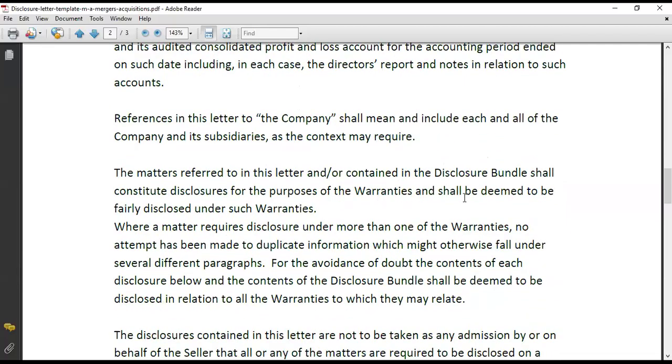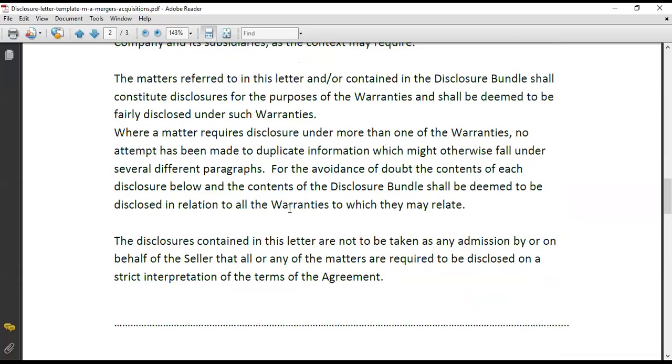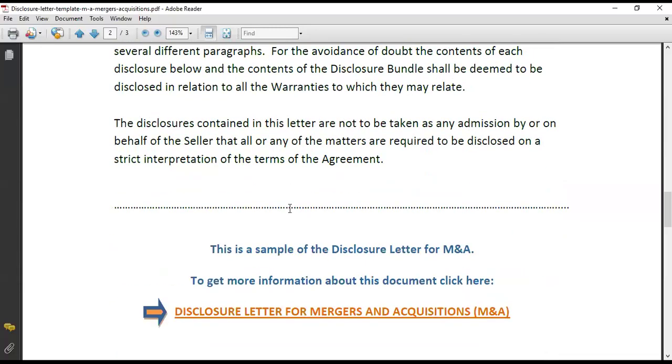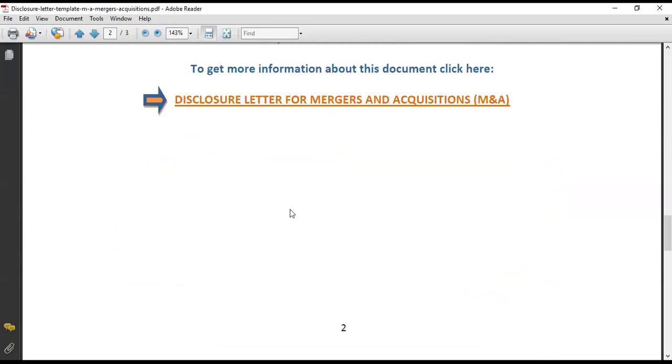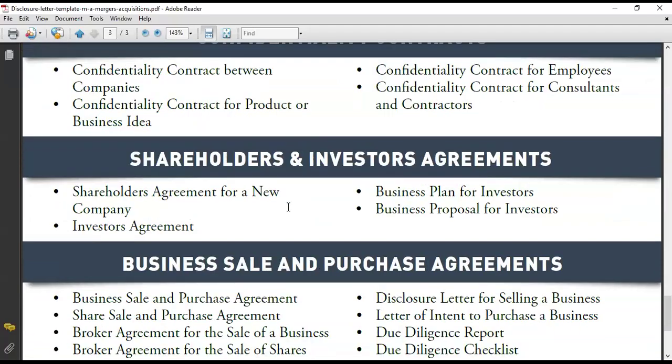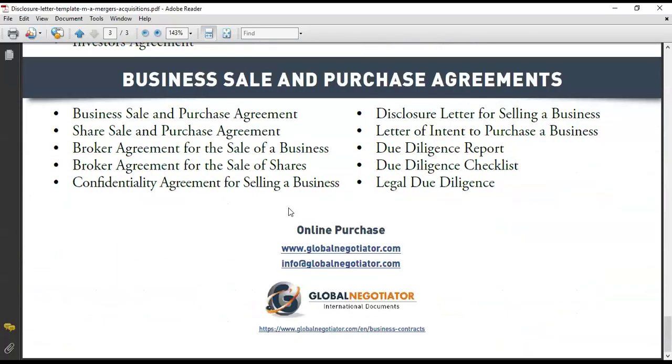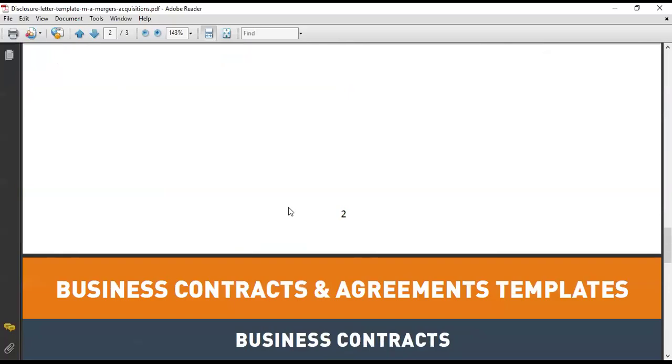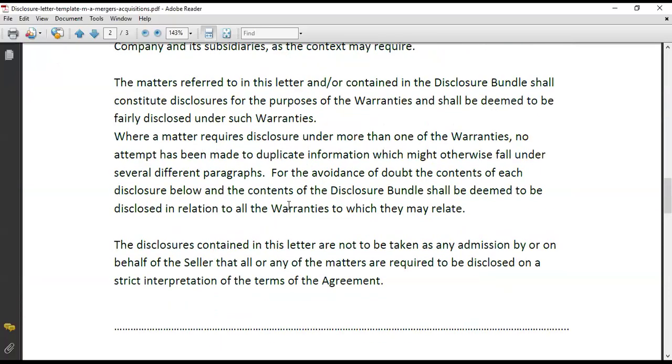You also list any changes in the company that have been undertaken by the company, like during the negotiation period.